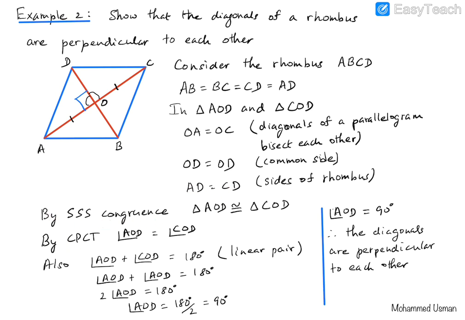Then we applied the CPCT rule to show angles AOD and COD are equal, and the linear pair rule to show their sum is 180 degrees. From that we obtained that angle AOD is 90 degrees, so the diagonals are perpendicular to each other.